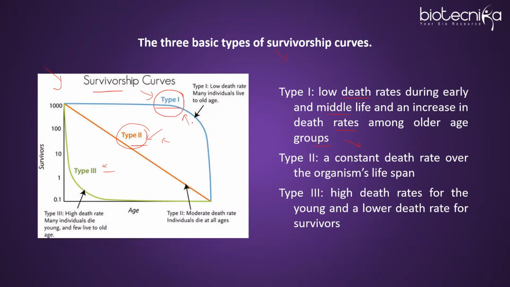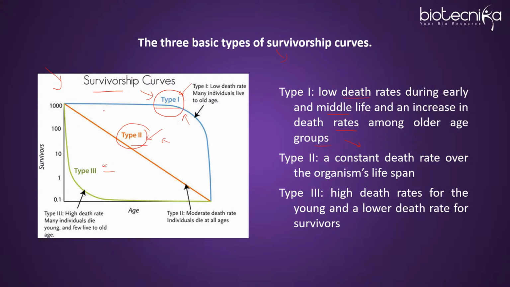But now my question is, can you tell me any example for type 1, type 2 or type 3? Yes, that's correct, human, very good. Mammals, so large mammals, or higher mammals, will belong to type 1.